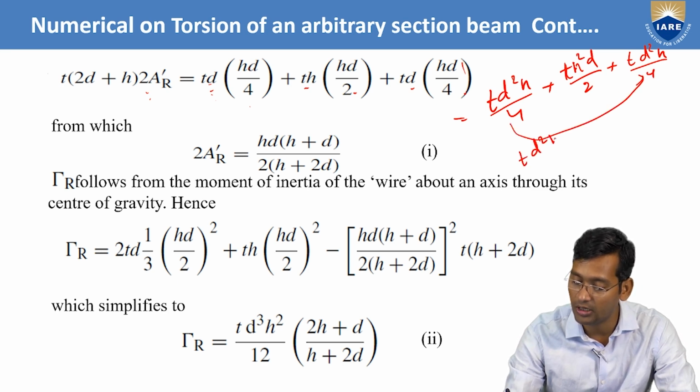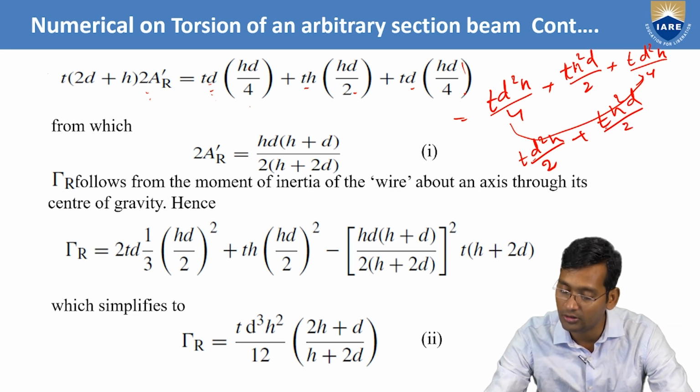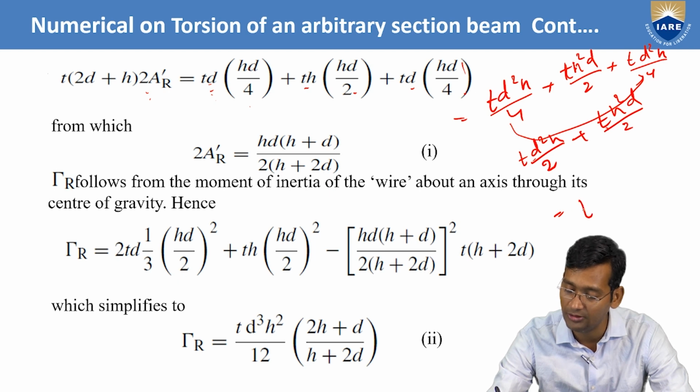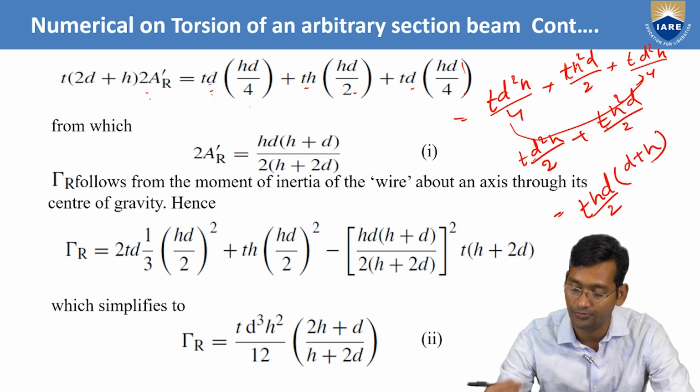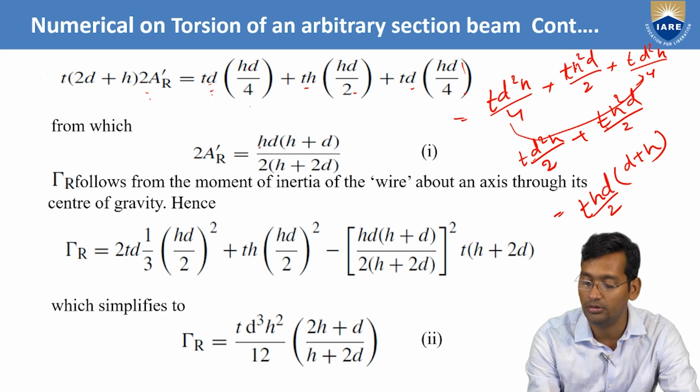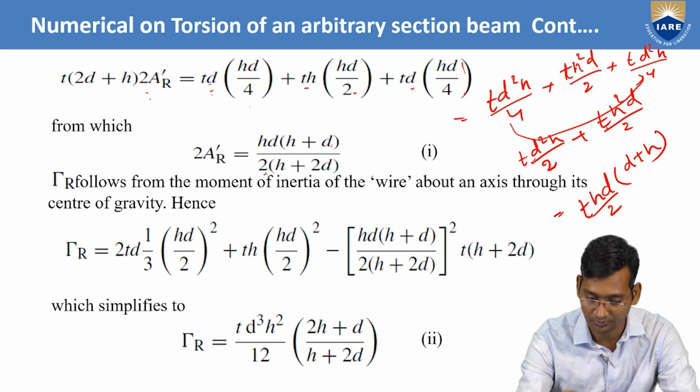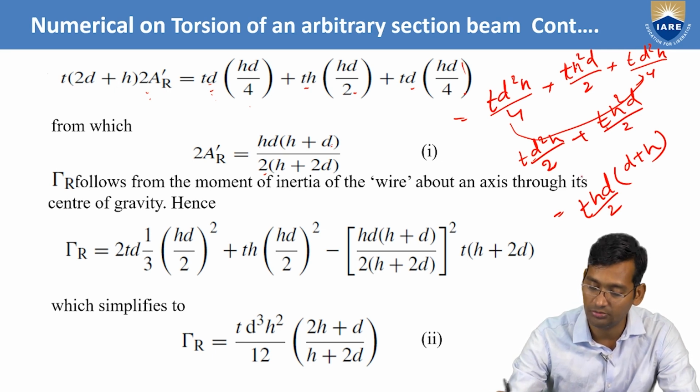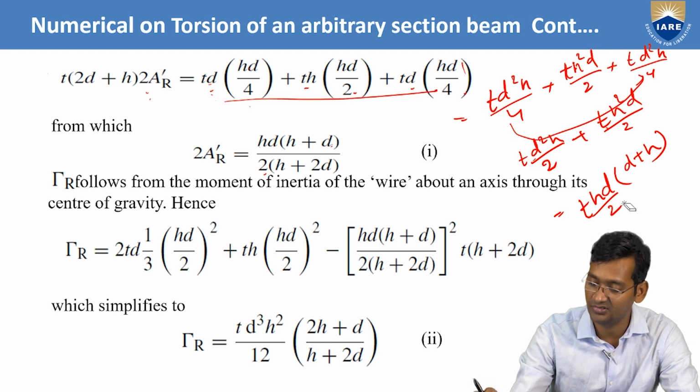T D square H by 2 and plus T H square D by 2. So what can we take common here? T H D common. What is left here? D by 2 also I am taking common. So D, and here it will be H. Just see the numerator: D HD into H plus D by 2. This side is 2D plus H. So now we can write this as this one.